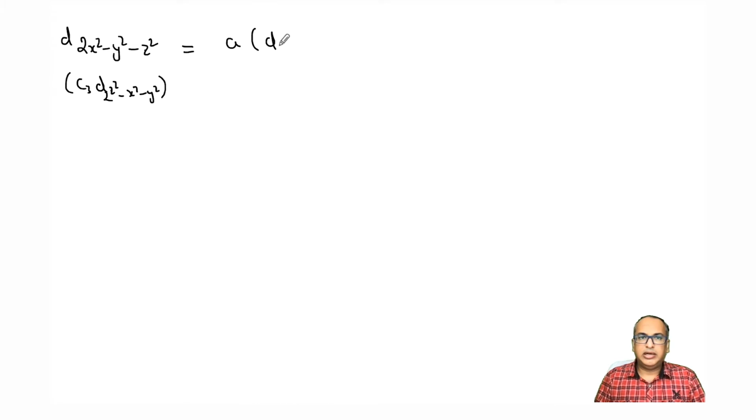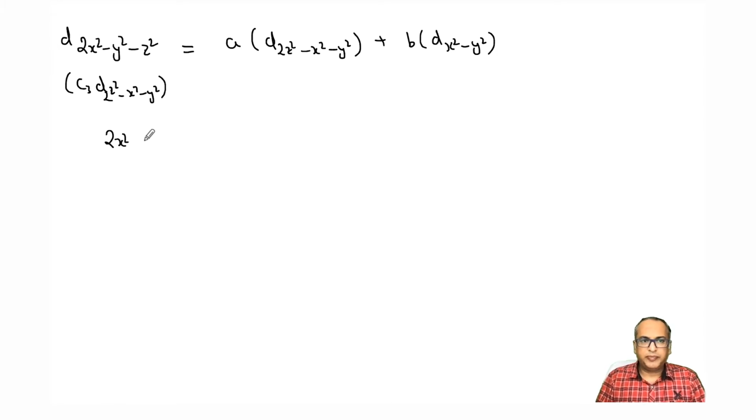So one is a times d2z square minus x square minus y square plus b times dx square minus y square. And now we can just take the functions of this, because we want to see if the linear combination is there in terms of functions. So we'll just take the mathematical part: y square minus z square equal to a times 2z square minus x square minus y square plus b times x square minus y square.